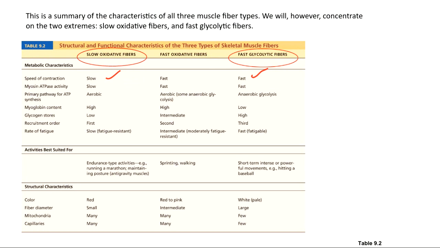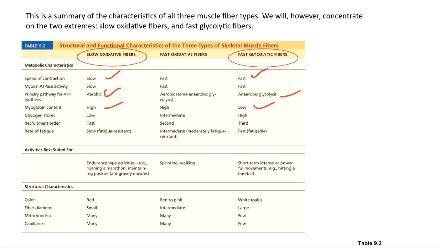It says myosin ATPase activity. So myosin, well, we didn't really talk about that, but this is slow myosin versus the fast myosin. The primary pathway for ATP synthesis, aerobic versus fermentation. Myoglobin content, very high in the dark, slow oxidative fibers, low in the lighter, fast glycolytic fibers.